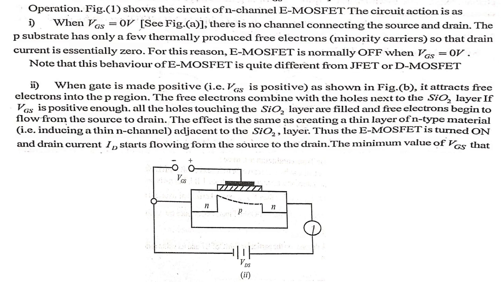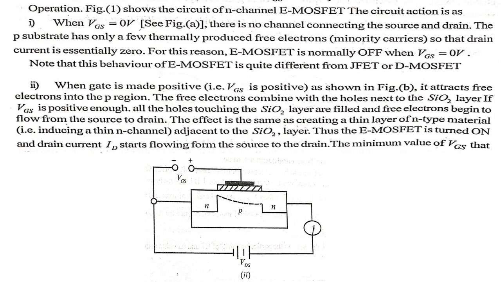The P substrate has only a few thermally produced free electrons, minority carriers, so the drain current is essentially zero. For this reason, the E MOSFET is normally off when VGS equals 0 volt.